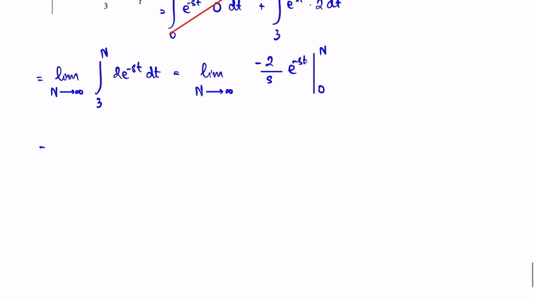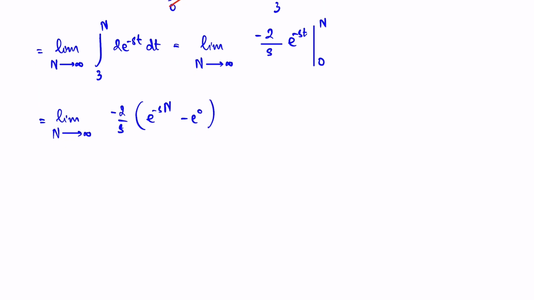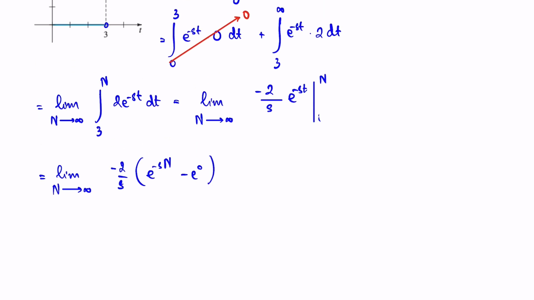Or this is the limit as n goes to infinity of negative 2 over s times e to the negative sn minus e to the 3. Sorry, from 3 to n, and therefore it's not e to the 0 but e to the 3.